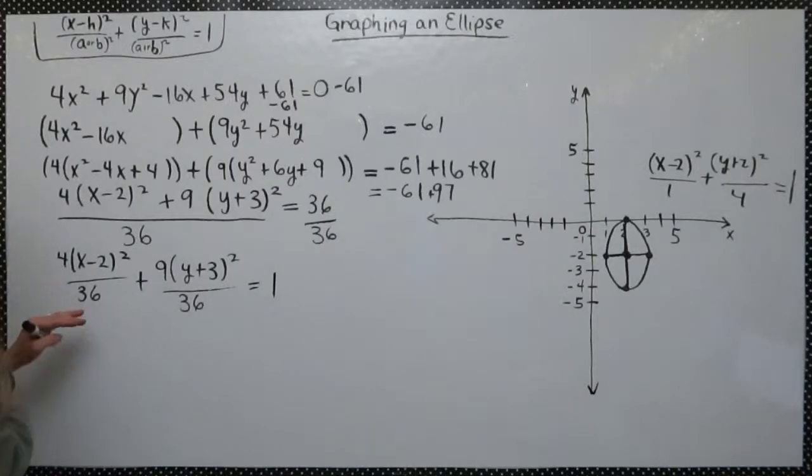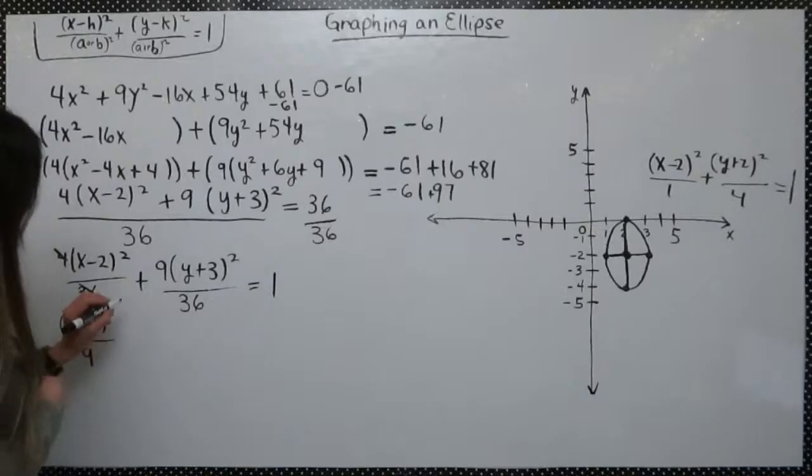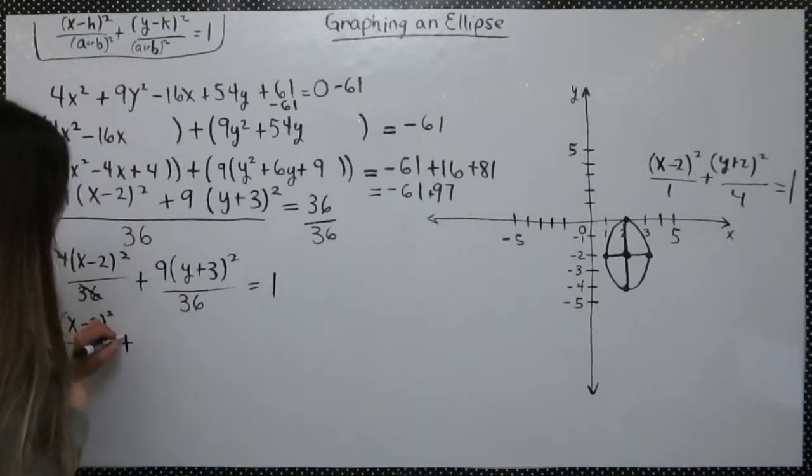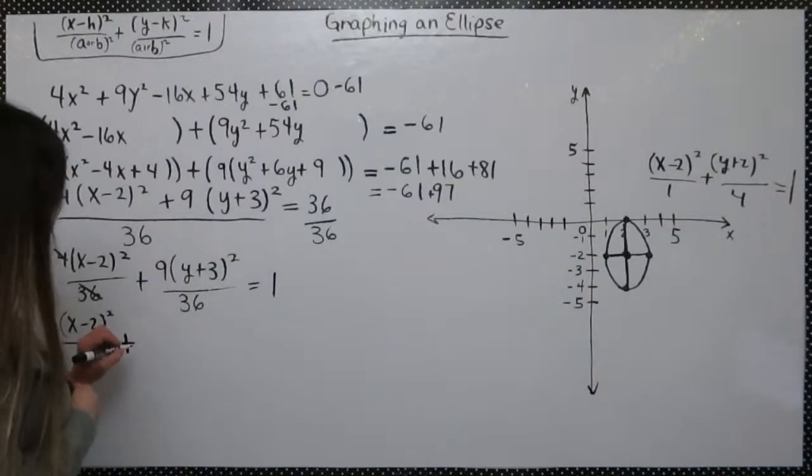I know that 4 times 9 is 36, so this is going to cancel and reduce down. It's going to give me x minus 2 quantity squared over 9. And then there's a plus, and this plus is what distinguishes the hyperbola at this point from an ellipse.